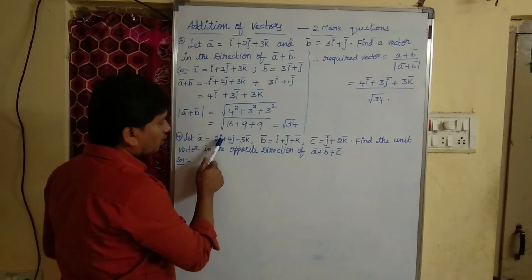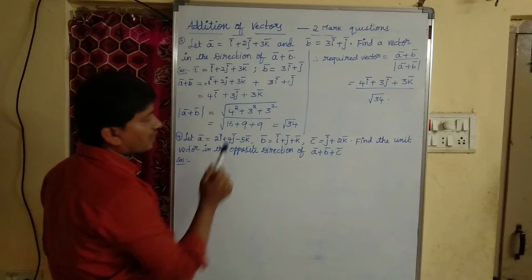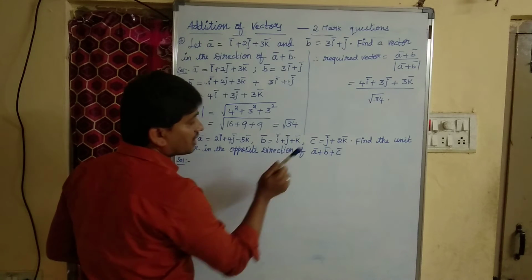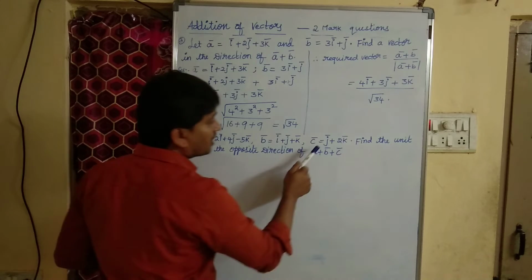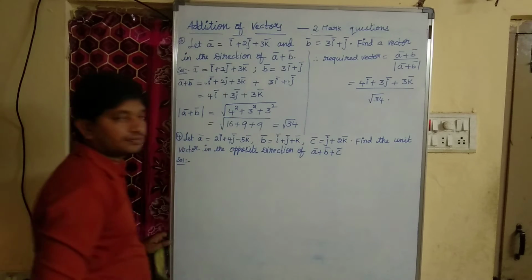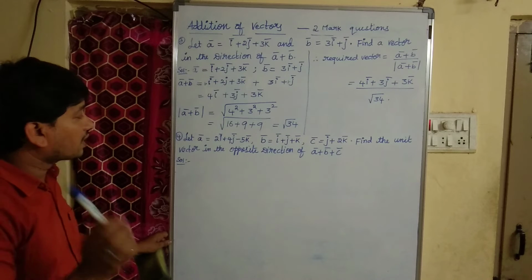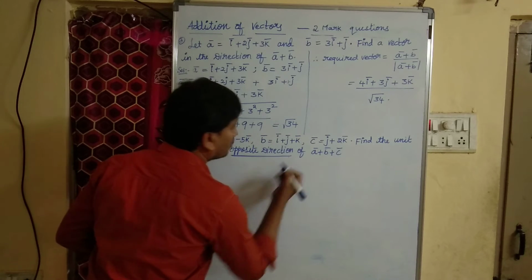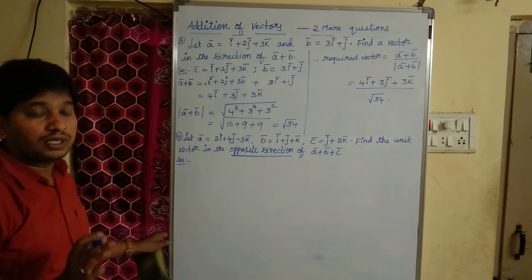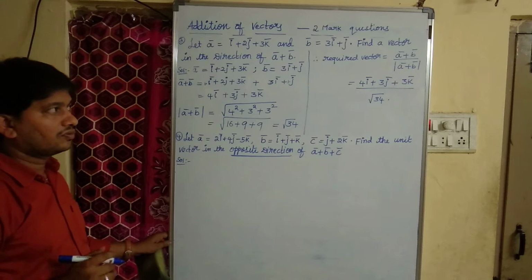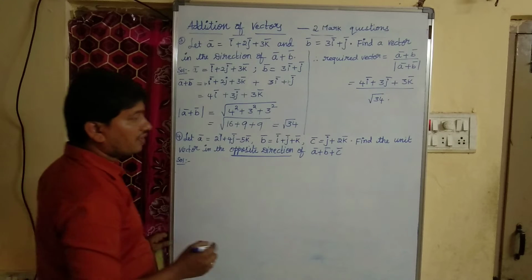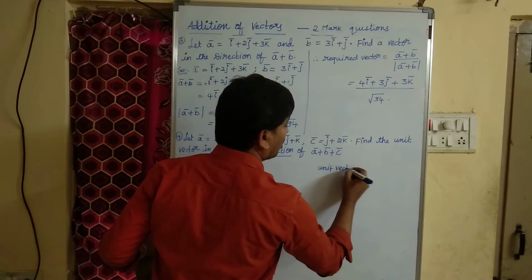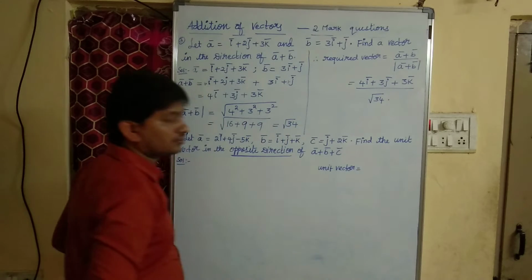A bar is given 2I bar plus 4J bar minus 5K bar and B bar is given I bar plus J bar plus K bar and C bar is given J bar plus 2K bar. Find the unit vector in the opposite direction of A bar plus B bar plus C bar. They are asking to find unit vector in the opposite direction.